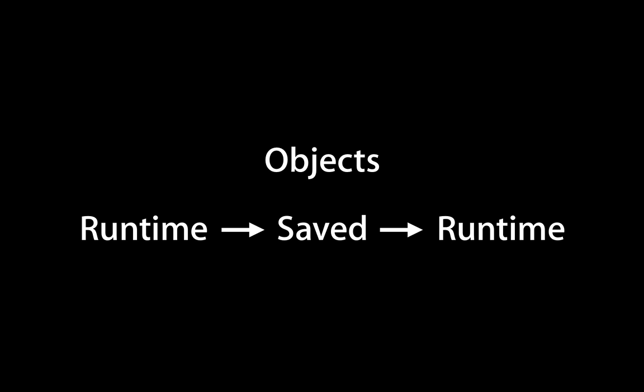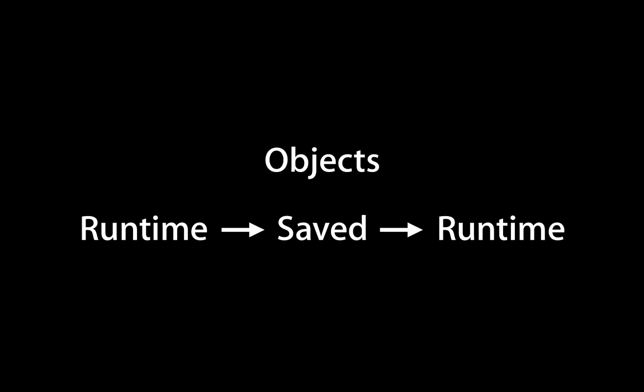Some part of the real world is interested in modeling data and all of the theory behind it, but mostly, I think, what you're going to be worried about is your collection of objects, not worrying about 6th normal form so much, but worrying instead about how you've got this graph of objects at runtime, how you are going to get them saved out, and then how you are going to get them back into your program later if your user launches your program again or the device restarts.